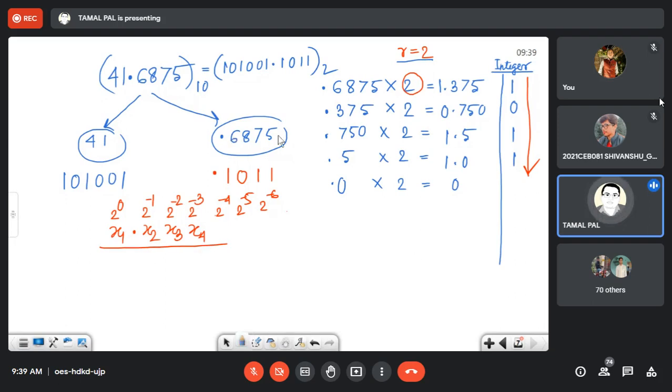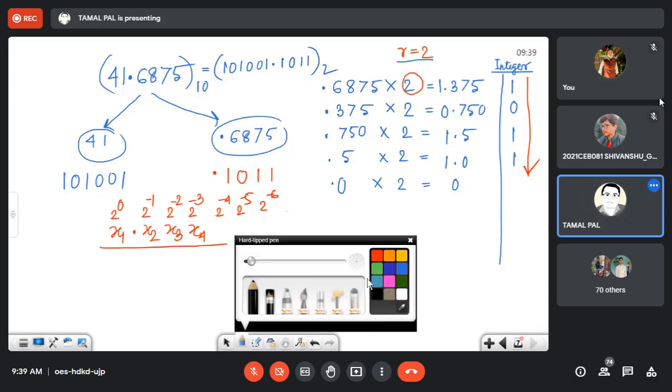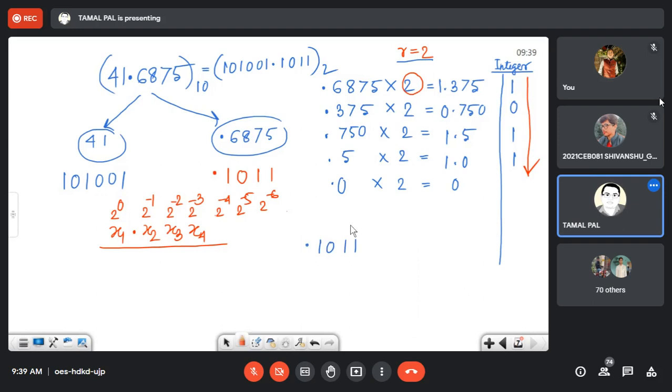So as a result, this is 1011. Its weightages are 2 to the power minus 1, 2 to the power minus 2, 2 to the power minus 3, and 2 to the power minus 4.